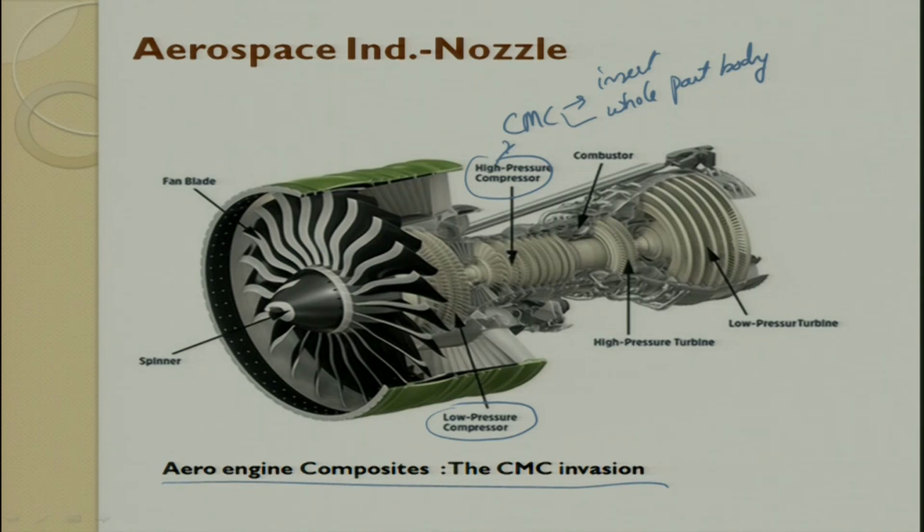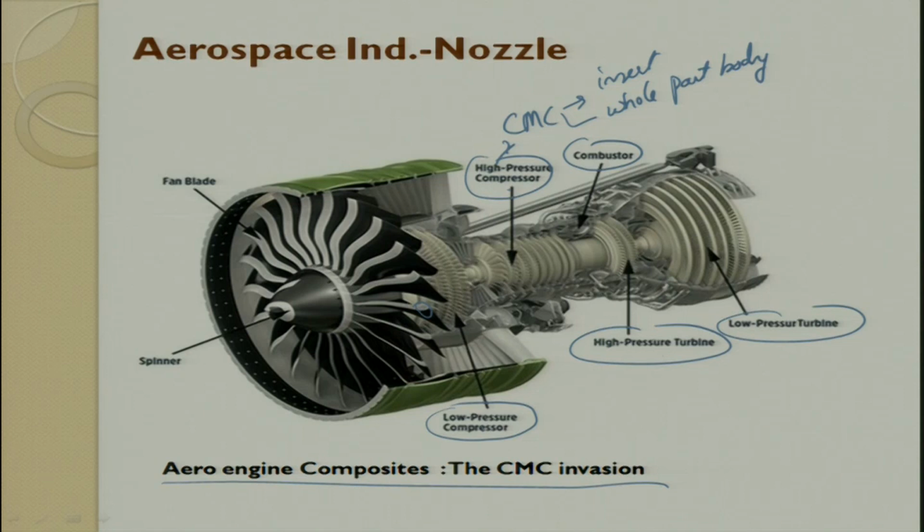Either they can make small inserts. For example, they can make a small insert of very high temperature withstanding material, and then they can also make the whole body. What I am trying to say is, a small portion gets attached to another big portion of the entire system. So, combustor is there. Here you will have the high pressure compressor, high pressure turbine and low pressure turbine.